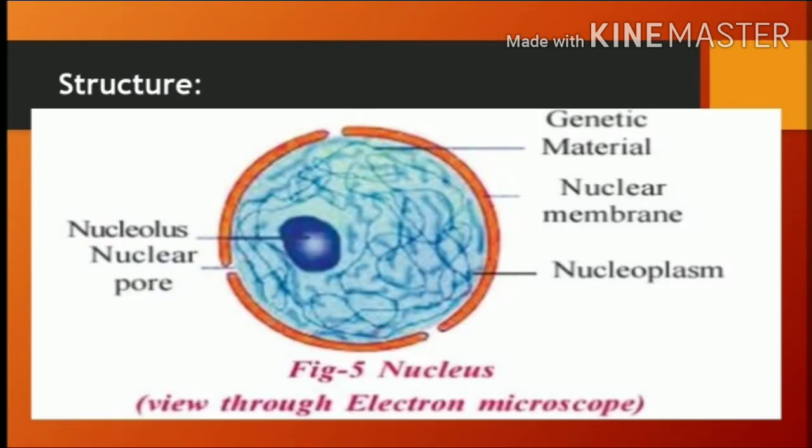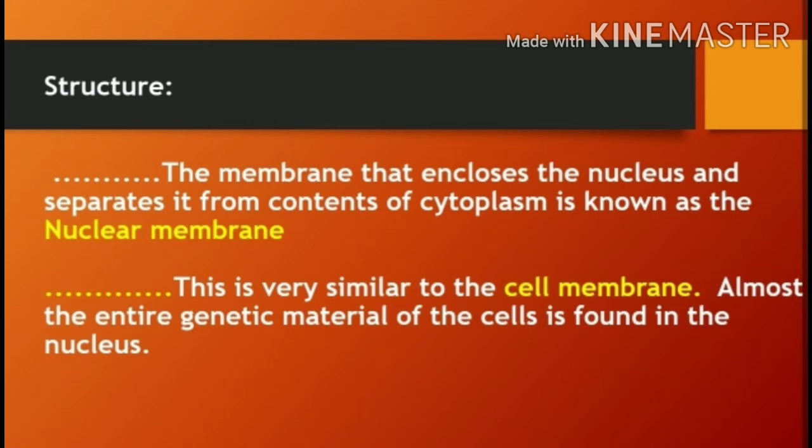In the image which you can see here, the membrane that encloses the nucleus and separates it from the contents of the cytoplasm is known as the nuclear membrane, and this is very similar to the cell membrane. Hence, almost the entire genetic material of the cell is found in the nucleus.